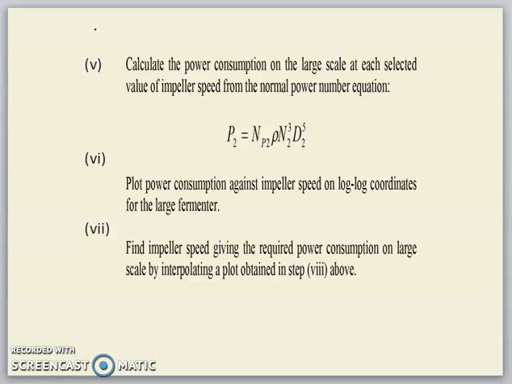Then you calculate the power consumption on the large scale at each selected value of impeller speed from the normal power equation, and plot the power consumption against impeller speed on log coordinates for the large fermenter, and find the impeller speed giving the required power consumption on large scale by interpolating the plot.